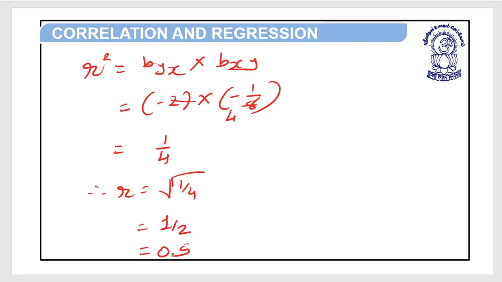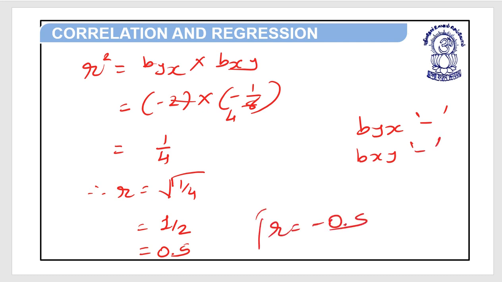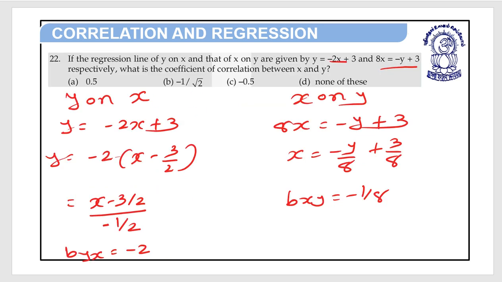But here byx has a negative sign and bxy also has a negative sign, so r becomes minus 0.5. So the value of r is minus 0.5.